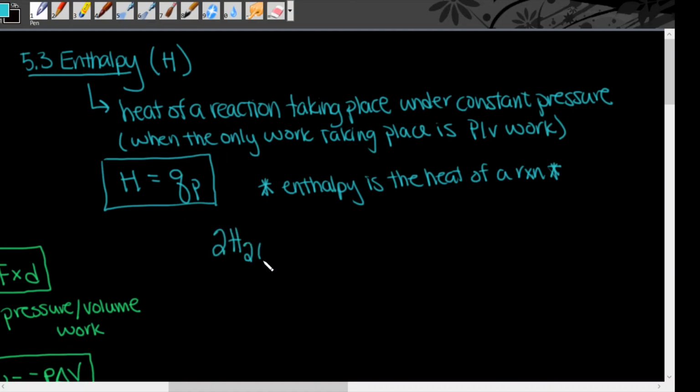So we'd take 2 moles of hydrogen gas and a mole of oxygen gas to produce 2 moles of water vapor. This reaction actually releases a lot of heat. And you're like, well, how much heat does it release? We can actually measure it. And when we do measure it, we report that measured value as the delta H of this reaction.